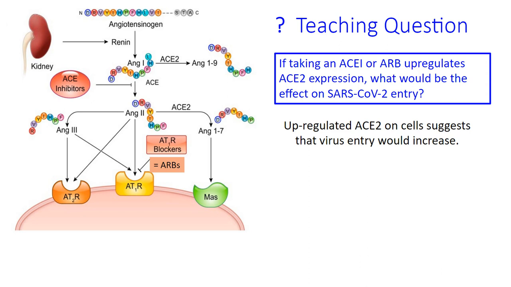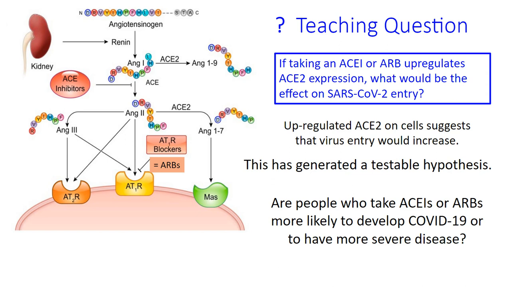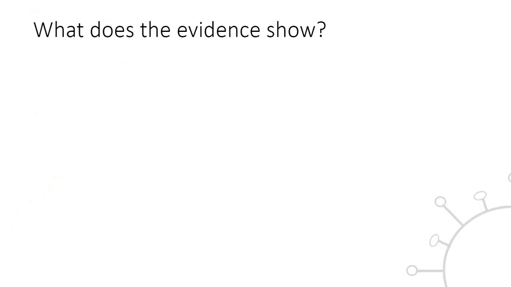And so what we've done now through this series of predictions is we've generated a testable hypothesis. The question then becomes, are people who take ACE inhibitors or ARBs more likely to develop COVID-19 or to have more severe disease? Let's look at the evidence.